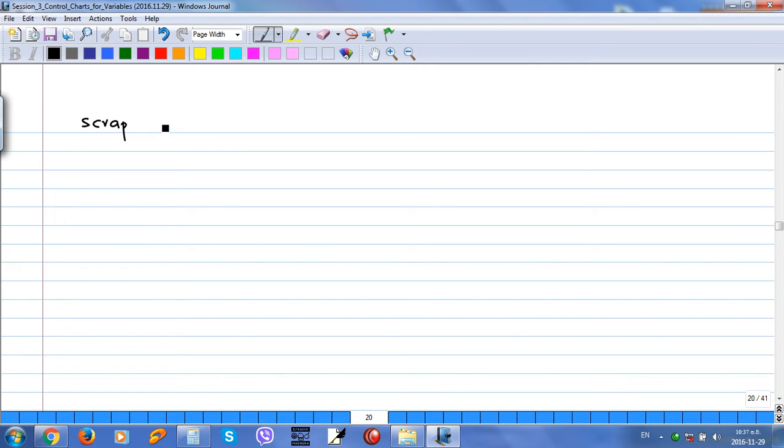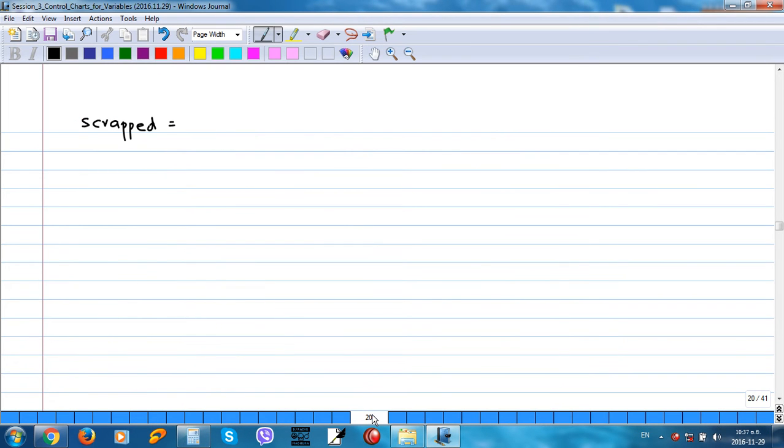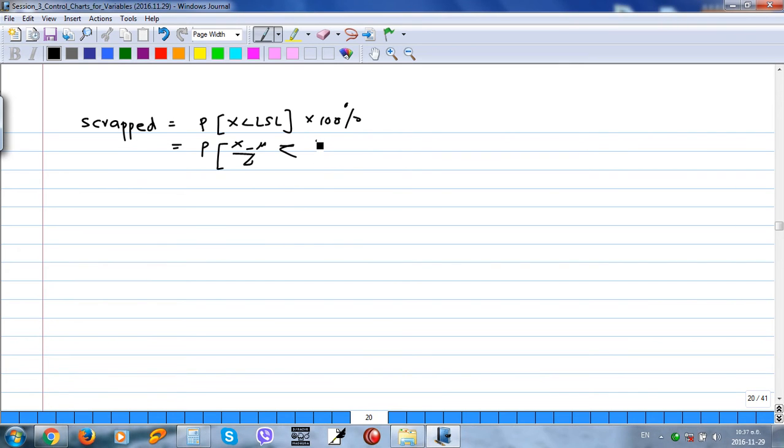Scrapped: the equation is this one. We write P of X less than the lower specification limit, times 100%. Again in the same way, P of (X minus mu) over sigma less than (lower specification limit minus mu) over sigma, times 100%.